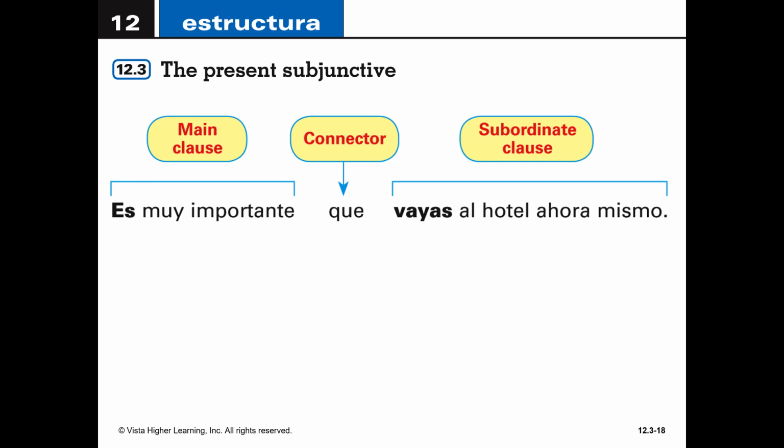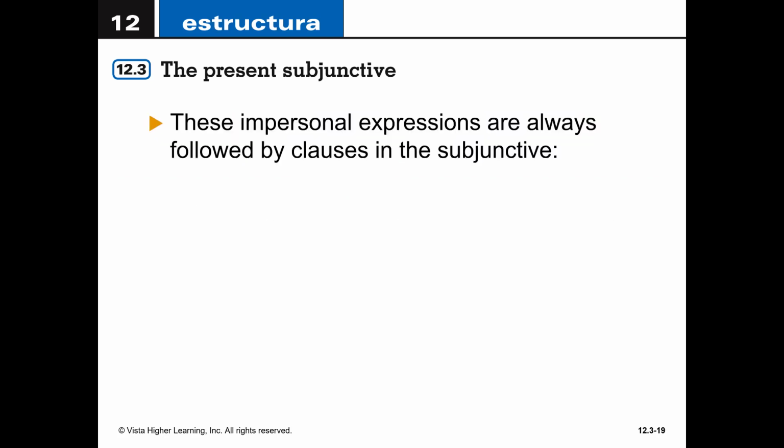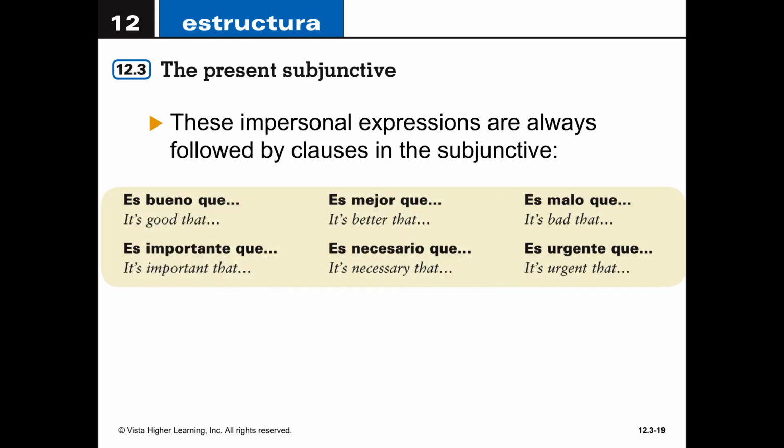That's why it's subordinate. Then we also have some expressions that are impersonal that are always going to be followed by clauses in the subjunctive tense. For example, es bueno que. Es bueno que comas tus vegetales. That comas, that's subjunctive. Es importante que hagas tu tarea.